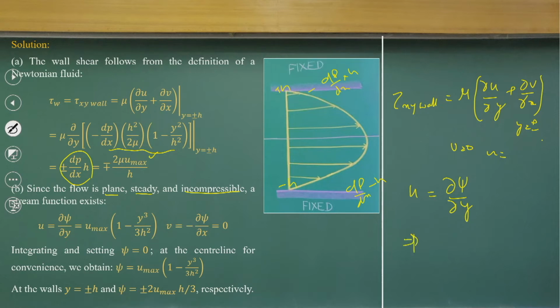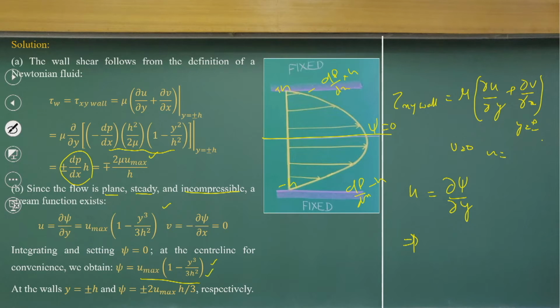Just integrate u, then you will get the function in terms of u max, setting psi equal to 0 at the center line. So, you can integrate it and finally get these functions.